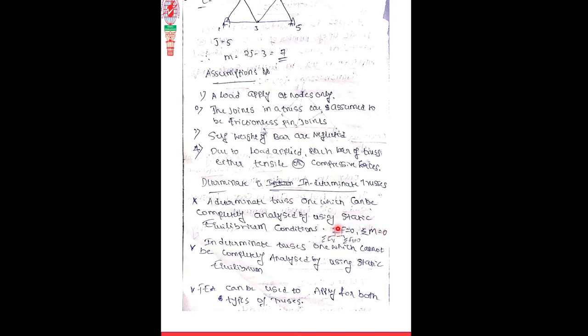These two conditions by themselves are not enough to find the unknowns. Static equilibrium means summation of F equal to 0, summation of M equal to 0, that is force and moment. That is known as an indeterminate structure.